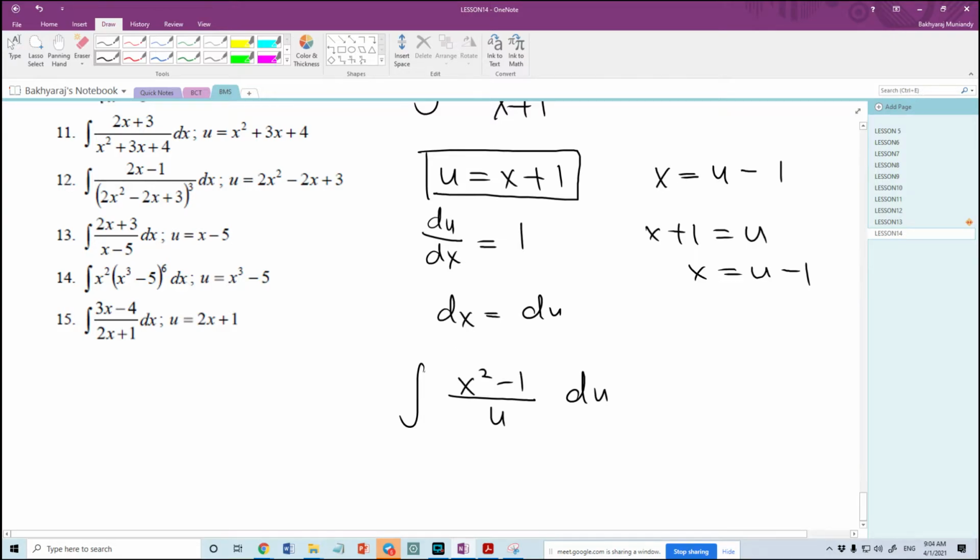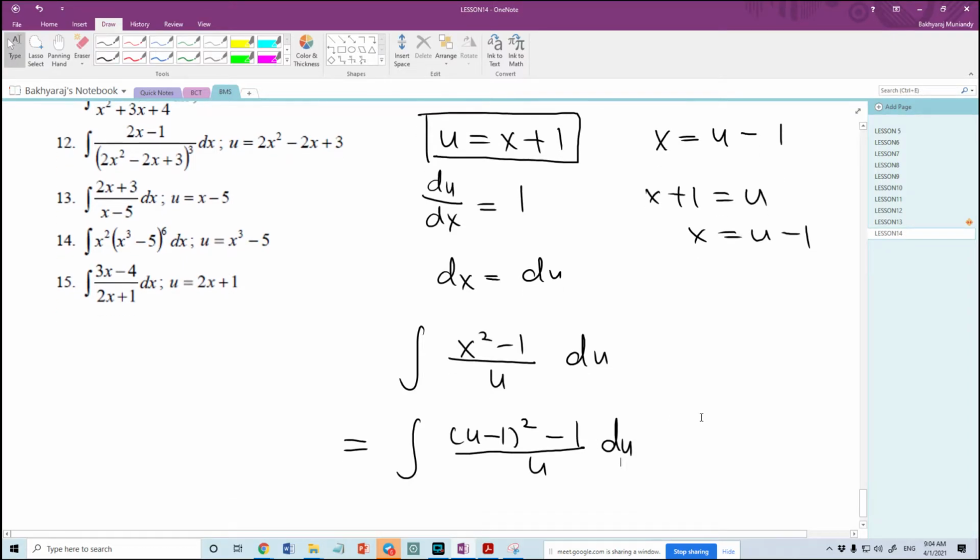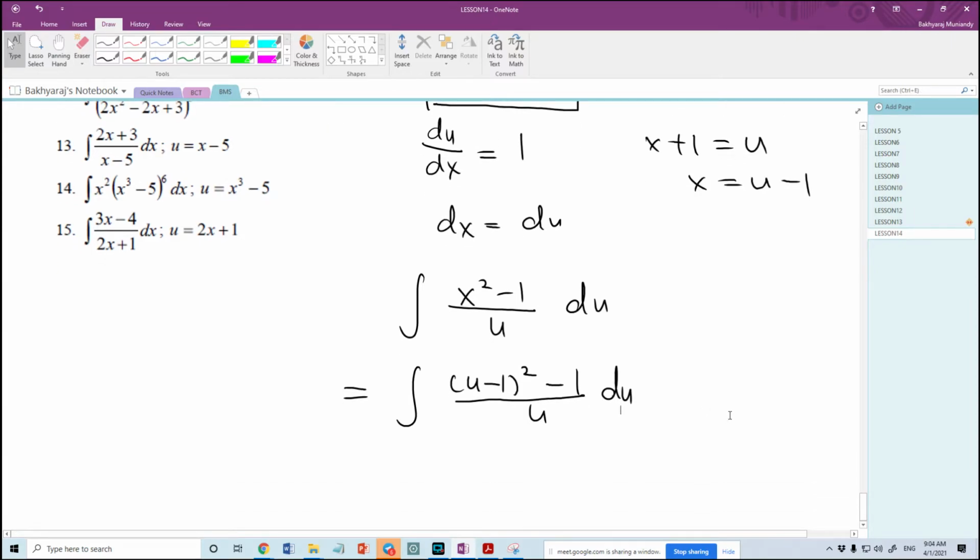Okay, now we need to substitute. Equal, integrate u minus 1 square minus 1 over u du. I need to substitute everything become u, or else I cannot solve the problem. Next, I think the u minus 1 square you need to expand.